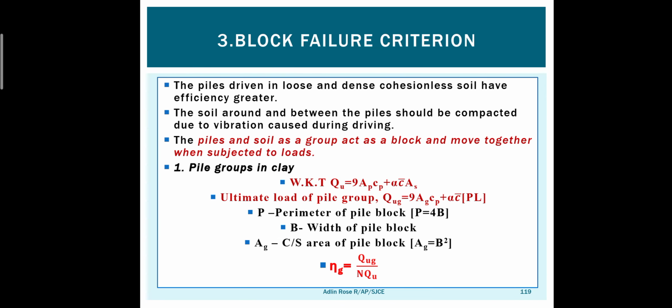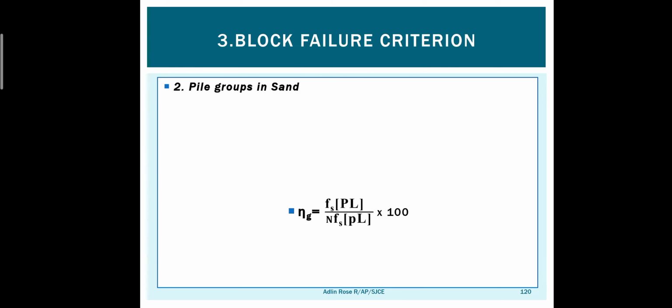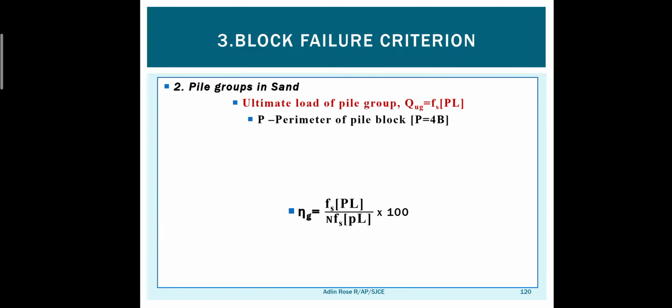If it is a sandy soil, then QUG is equal to Fs PL, frictional resistance into PL, perimeter into length. P is the perimeter of the pile group, and small p is the perimeter of the single pile, but that's not needed here. Capital B is the width of the pile group.